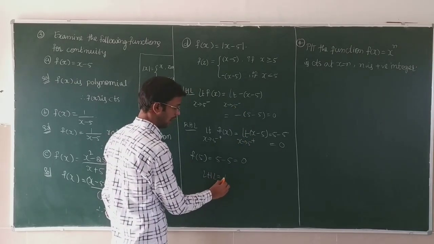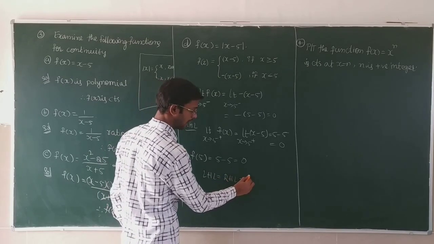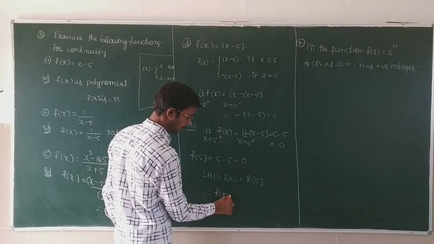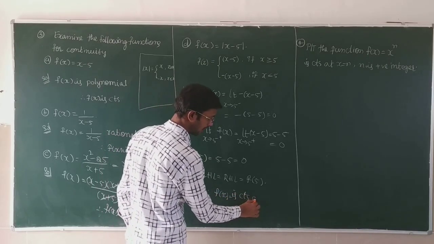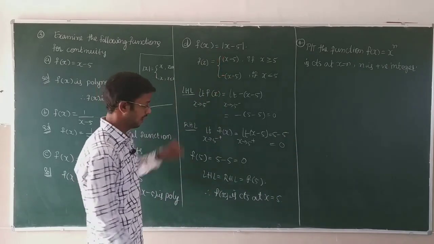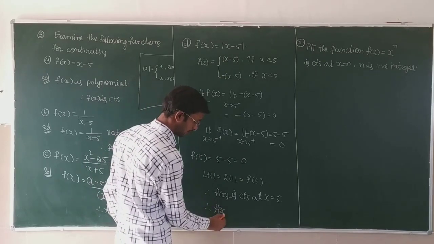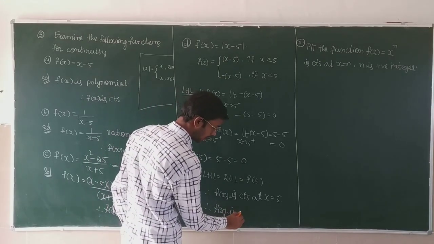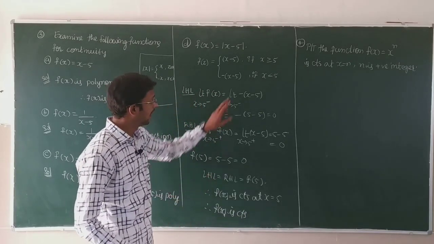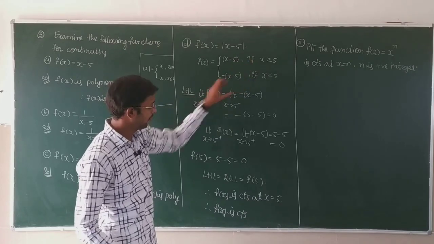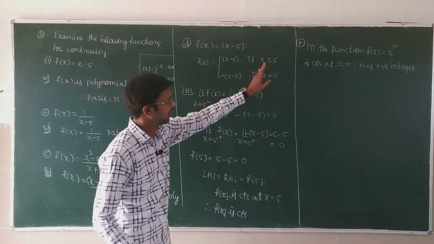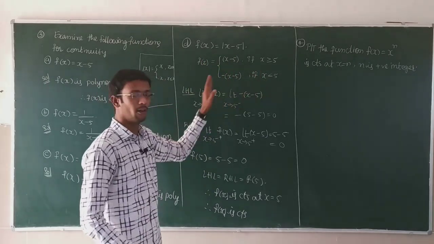LHL is equal to RHL is equal to f of 5. Therefore, f of x is continuous at x is equal to 5, and both pieces are polynomials only. So f of x is a continuous function. Why we are writing this: at the particular point x is equal to 5 we found it continuous. For the remaining values greater than 5, it is a polynomial only, and less than 5, a polynomial only.